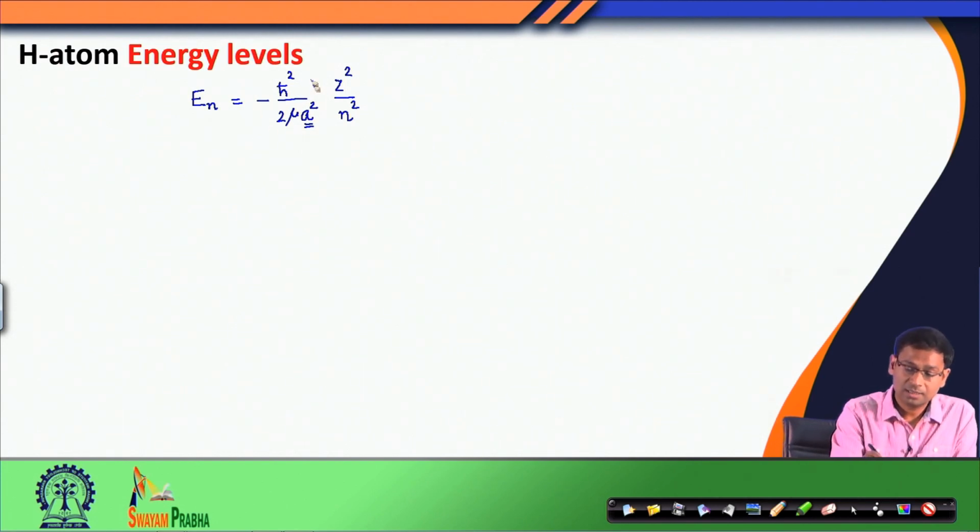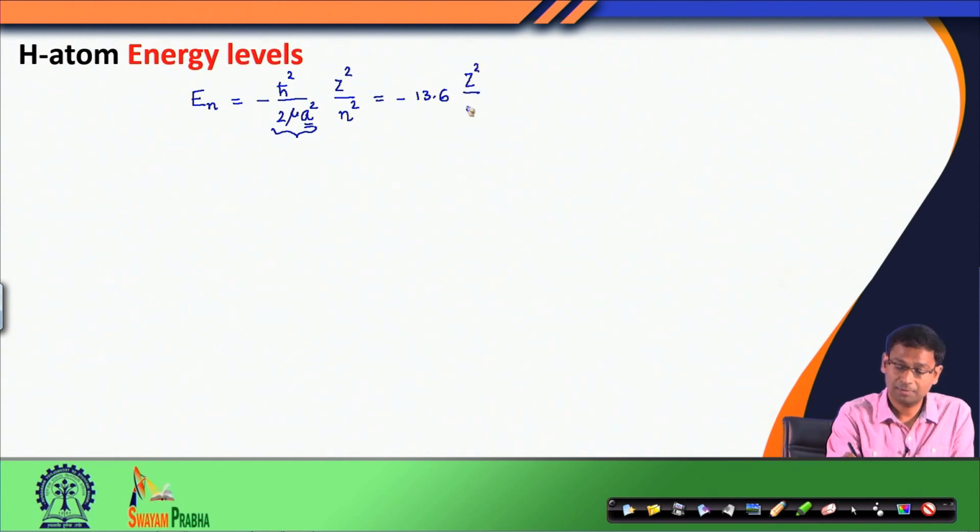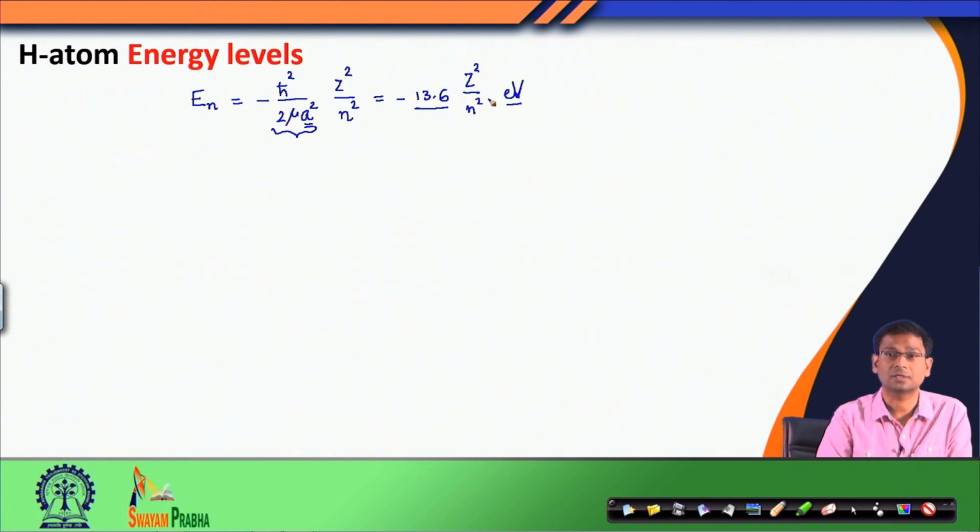So, together this quantity is also a constant and its value is 13.6 electron volt multiplied by z square by n square. This expression is now given in electron volt unit, because we have used the values of these constants and converted this quantity to electron volt, and this value is minus 13.6.